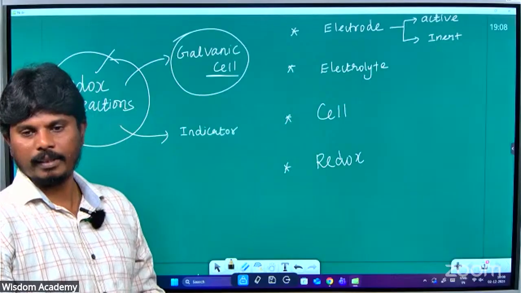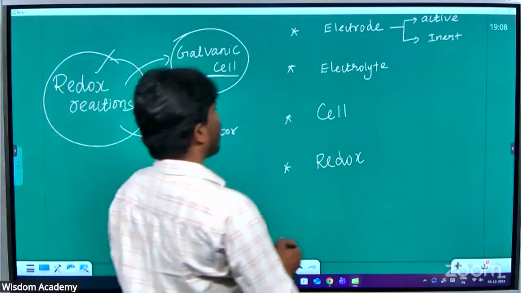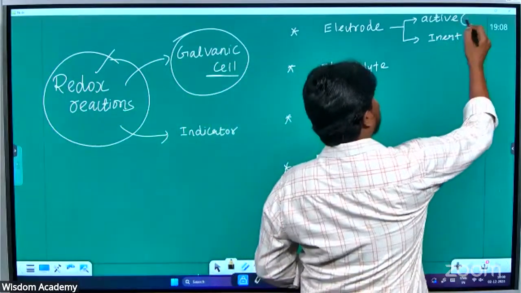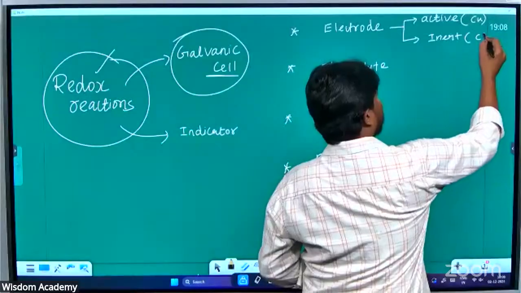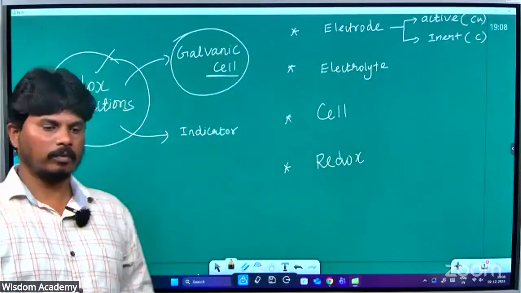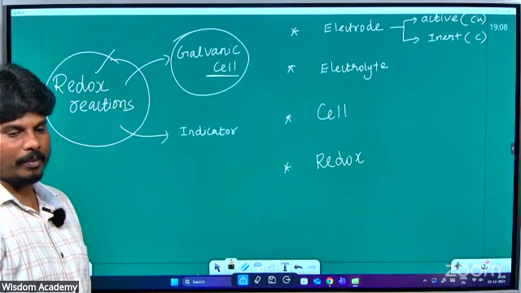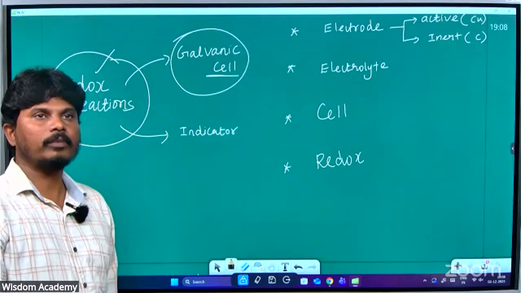Inert is graphite, an allotrope of carbon.